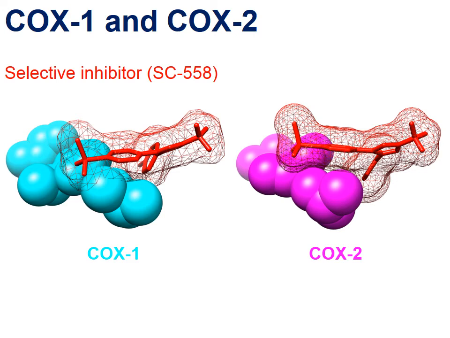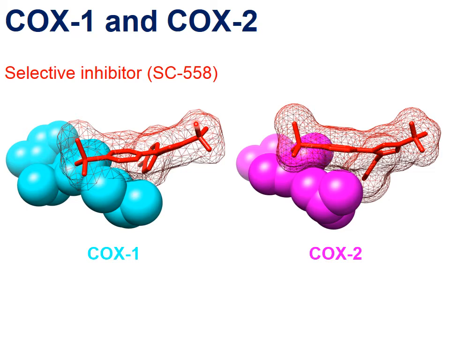Now, by contrast, a selective inhibitor, such as this compound SC558, which is shown in red here. So this is a much larger compound, a bulkier compound. And as you can see in this panel on the right, this inhibitor can bind just in the pocket of the COX-2 enzyme.